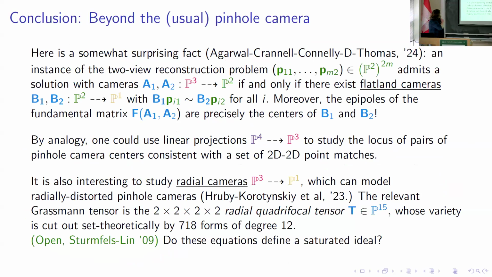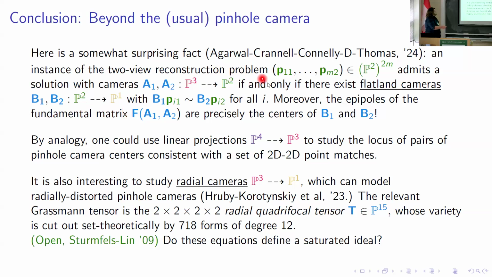So there are a couple other aspects of algebraic vision that I don't have enough time to really get into, but I wanted to talk about things other than P3 to P2 cameras. There's also this issue of what you might call flatlander cameras. Here I'm using B1 and B2 to denote linear maps from P2 to P1.